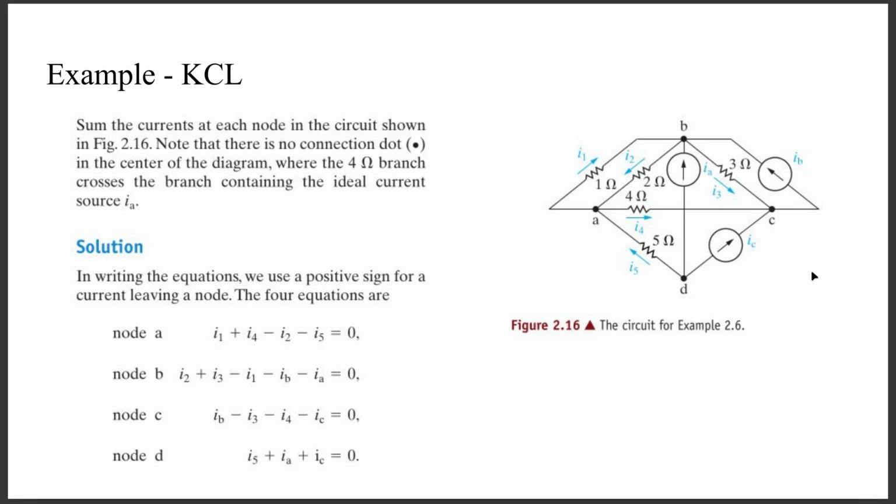For node C, we have IB coming out of node C, and then I3 going in, I4 going in, and then IC going in. And similarly for node D, which you can see here.